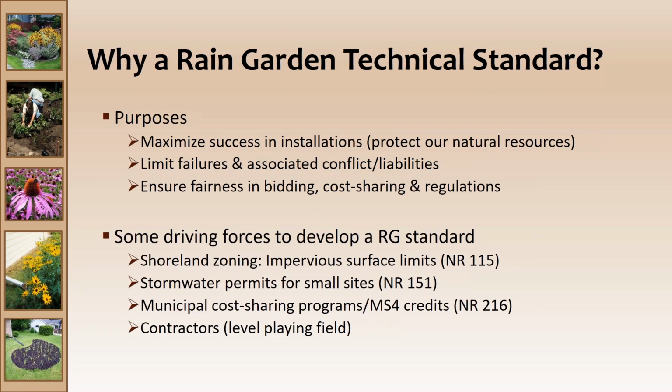The first of those is the shoreline zoning and impervious surface limits through NR 115. We also use rain gardens quite often on small sites for stormwater permits to meet NR 151 requirements. Some municipalities cost share rain gardens and even get MS4 credits for them under NR 216. And I think the reason the contractors were so interested in this is to get that level playing field that I was talking about in the cost sharing and bidding processes.